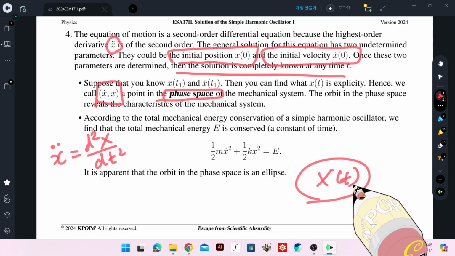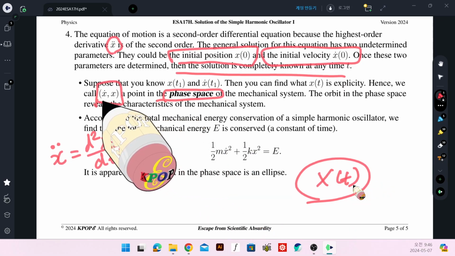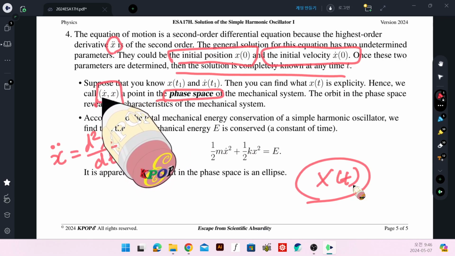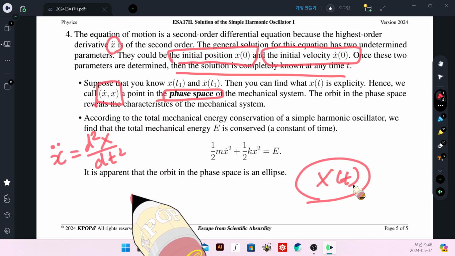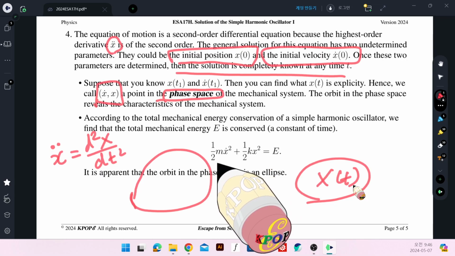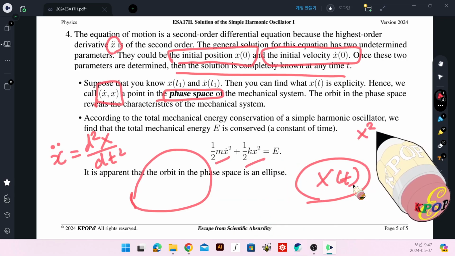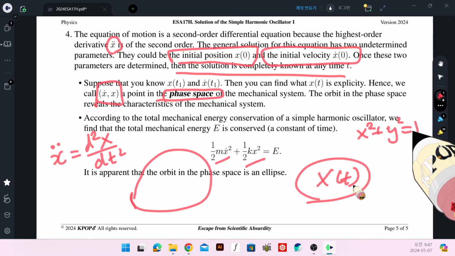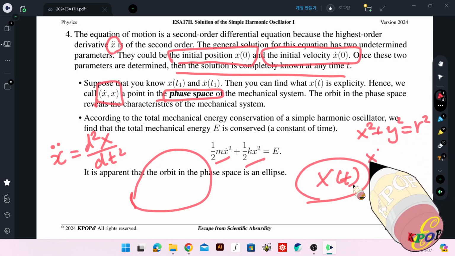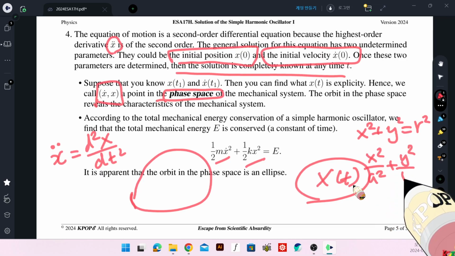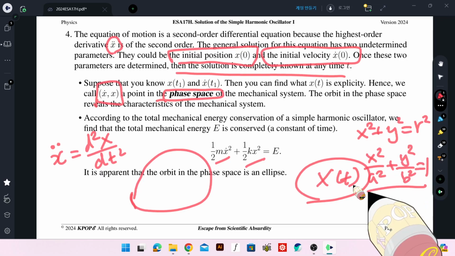We find the phase space of this coordinate and velocity pair makes a trajectory. And you are familiar with this. Do you remember x squared plus y squared equals r squared is a circle, and x squared over a squared plus y squared over b squared equals 1 is an ellipse.